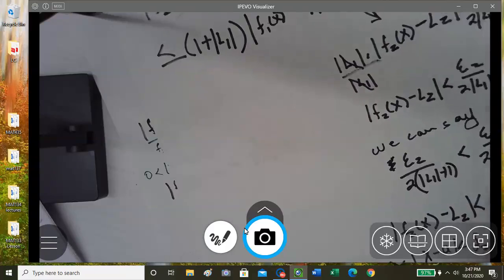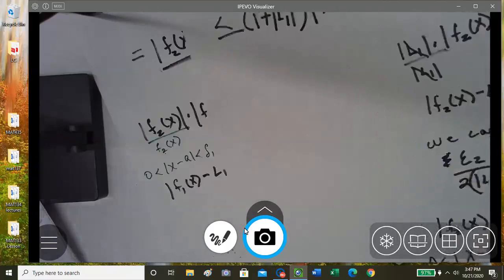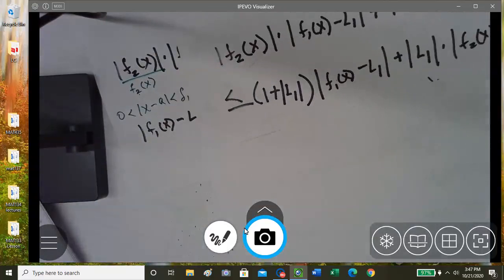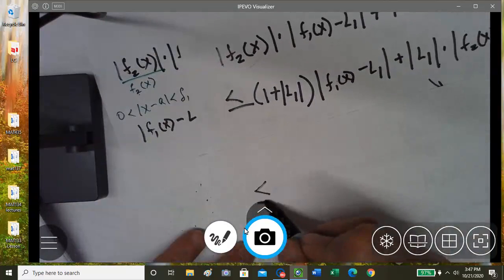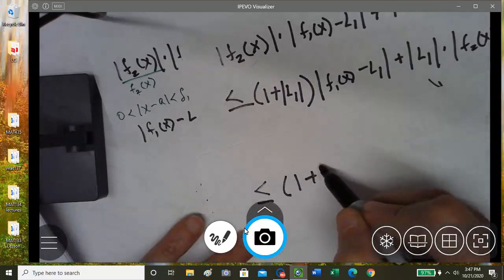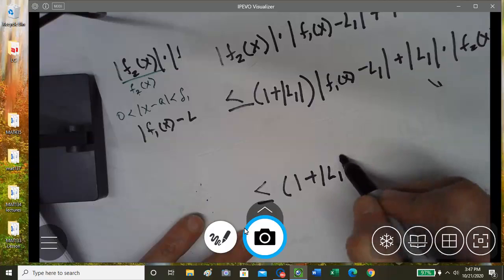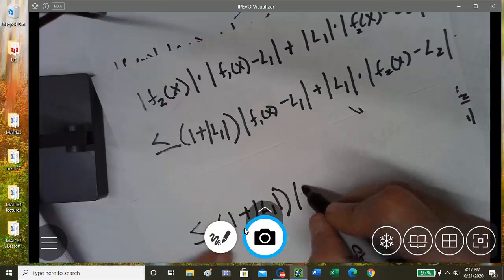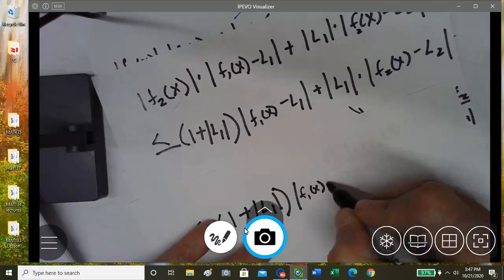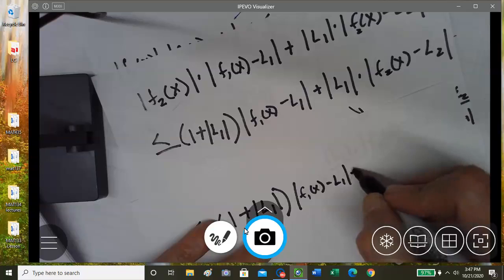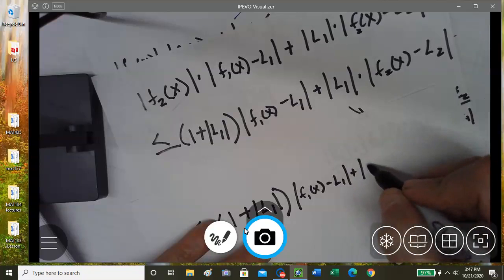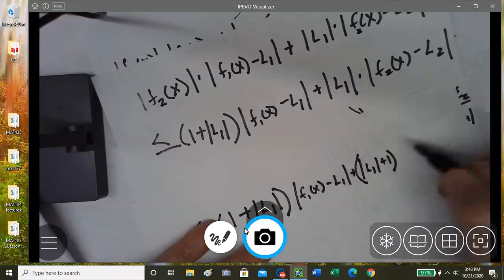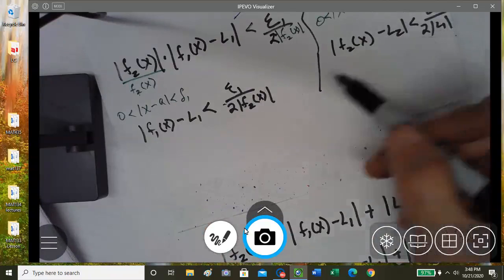So we can say that this is less than or equal to 1 plus absolute value of L1 times, I'm going to run out of room here, absolute value of f1 x minus L1, plus, and so this will be absolute value of L1 plus 1, because we got it from here.